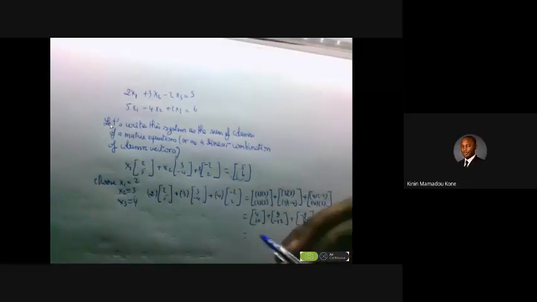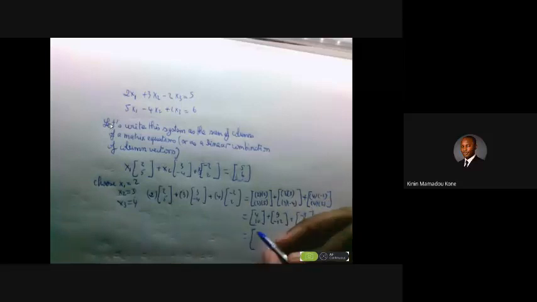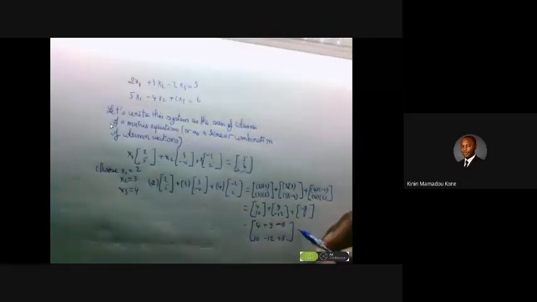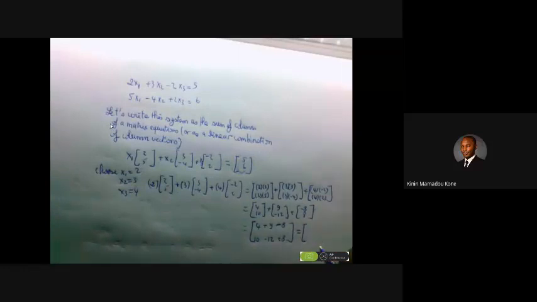Remember, for the sum of vectors, you basically add each corresponding entry. So here I'm going to have 4 plus 9 is 13, minus 8 is 5. And here I have 10 minus 12 plus 8, which is 6.